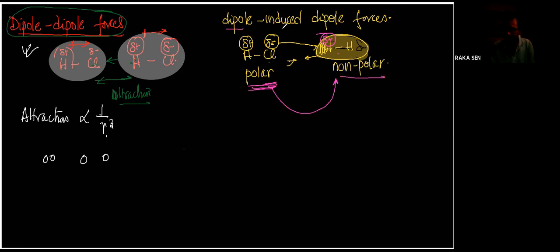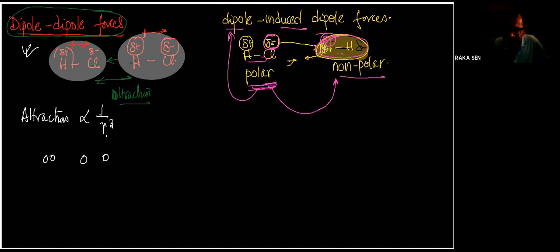This is dipole-induced dipole. I have got a molecule which has a permanent dipole. It has got negative charge out here. Negative charge means electrons. This particular molecule also has an electronic cloud surrounding it. When this molecule approaches that molecule, or vice versa, this negative charge is going to repel the electronic cloud of the other molecule.